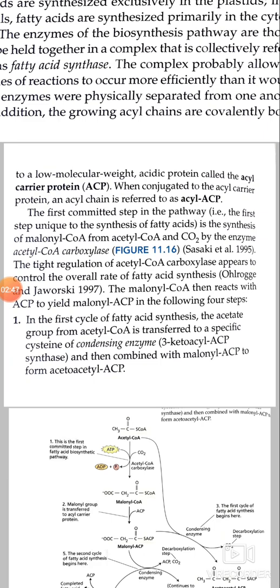In the first step of the cycle of fatty acid synthesis, the acetate group from acetyl coenzyme A is transferred to a specific cysteine of the condensing enzyme 3-keto-acyl ACP synthase and then combined with malonyl ACP to form acetoacetyl ACP.